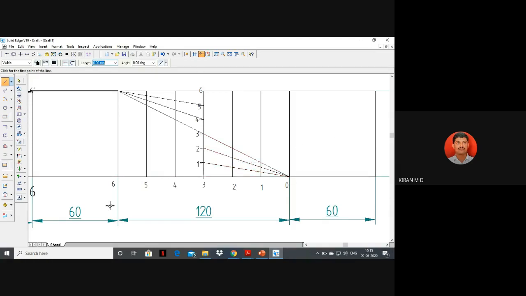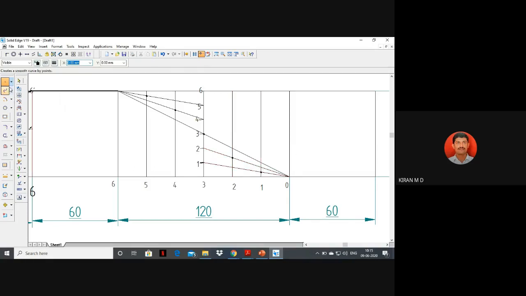Same procedure. Here, mark the points, mark the intersection points. So 5 and 5, this intersection is 5. 4 and 4, this intersection is 4. 3 and 3, this is the intersection point. 2 and 2, 1 and 1, this is the intersection point.